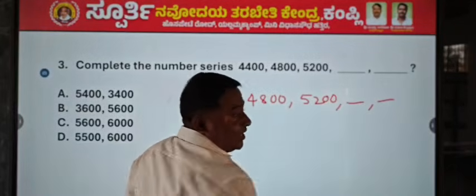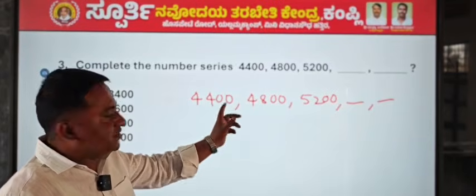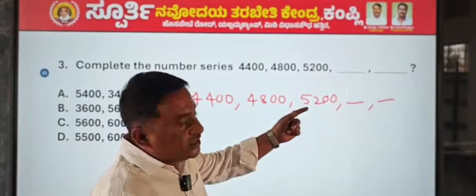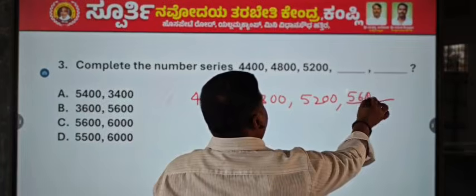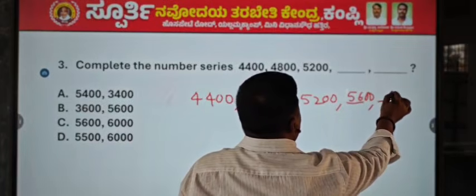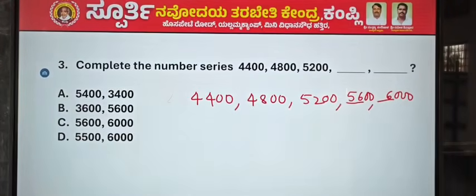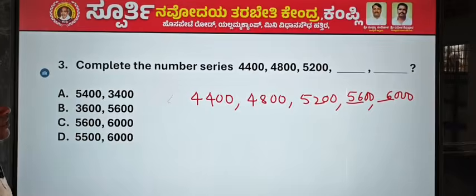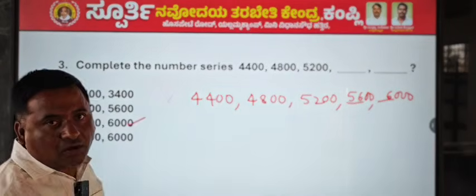Next fill in the blanks. 4,400 to 4,800 is a 400 increase. Next 400 increase, you get 5,200. Next 400 increase, you get 5,600. Next again 400, you get 6,000. The filling numbers are 5,600 and 6,000. Option A does not have it. Option B is also wrong. Option C has 5,600 and 6,000. Therefore, option C is the right answer.